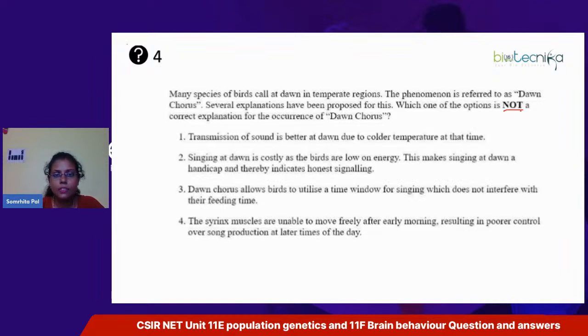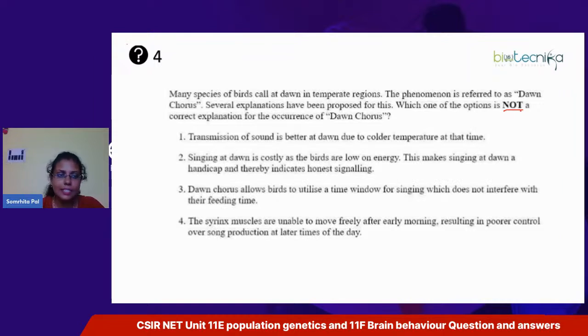Dawn chorus allows birds to utilize a time window for singing which does not interfere with their feeding time. The syrinx muscles are unable to move freely after early morning, resulting in poorer control over song production at later times of the day. Okay, so I'm getting an option between 4 and 2. The confusion is between 4 and 2.